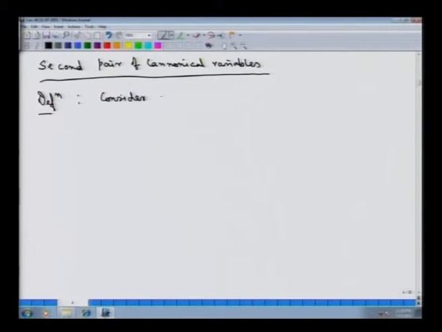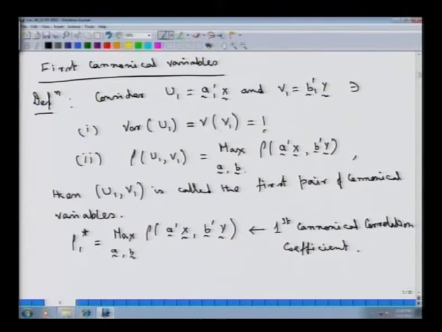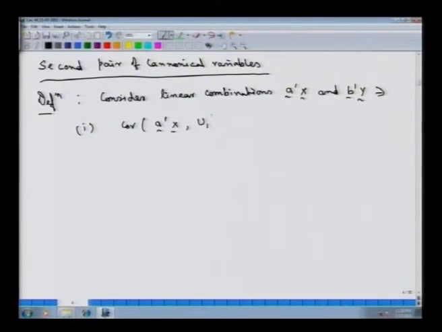Consider linear combinations A' x and B' y such that, number 1, A' x is uncorrelated with the first canonical variable u1, where u1 is the first canonical variable which we have defined here. That is, the covariance between A' x and u1 is equal to 0, which is equal to the covariance between B' y and v1.